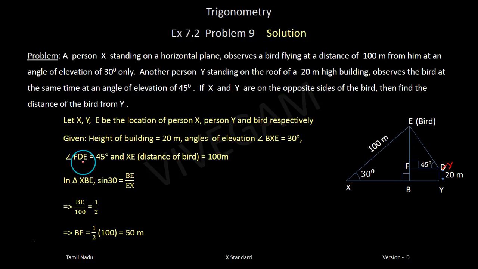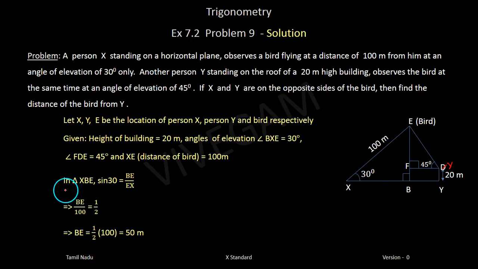It is not FDE, this is FYE. And XE, the distance of the bird, is 100 meters. So these are all given: this distance, this angle of elevation of 45 degrees, and the height of the building.